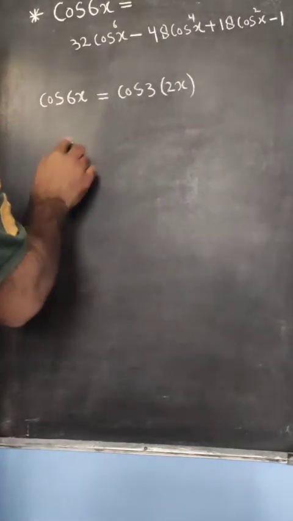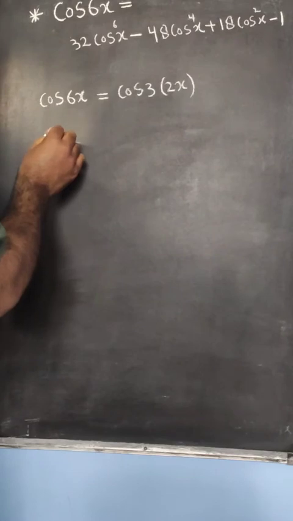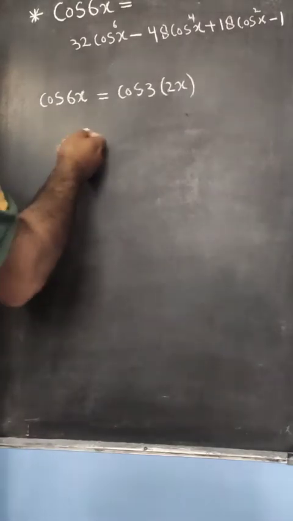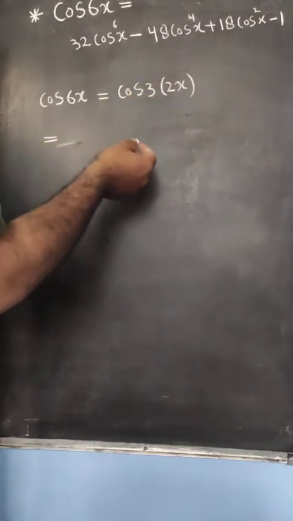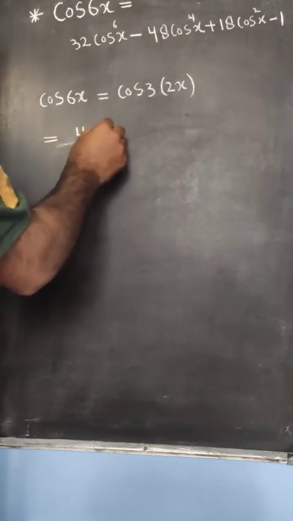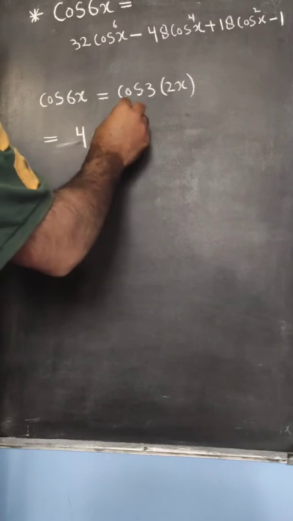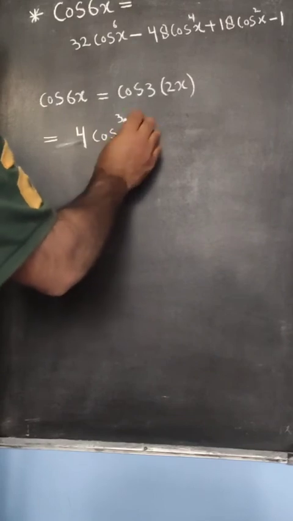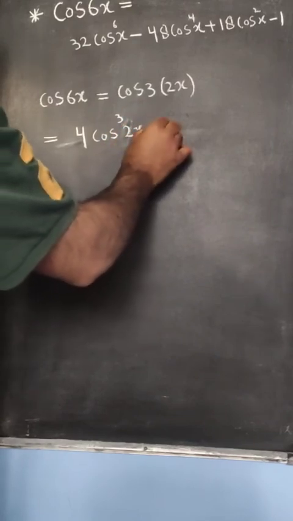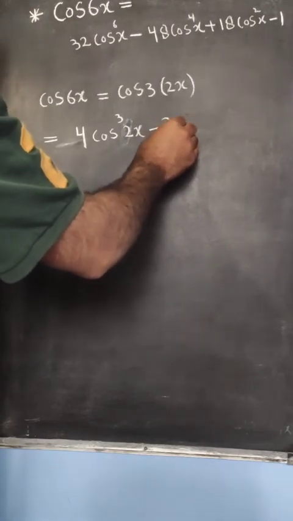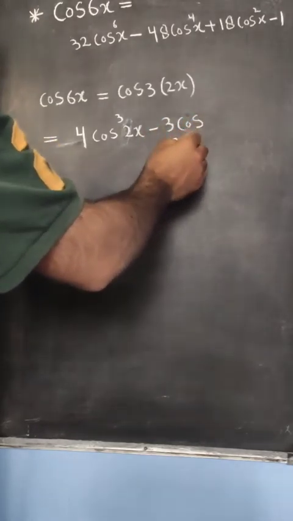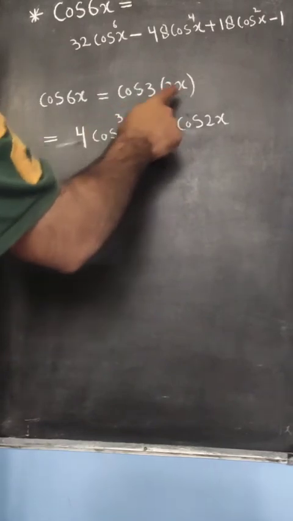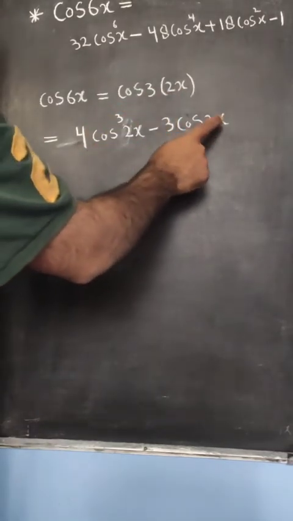Now we know that cosine 3 theta is equal to, here we treat 2x as theta, 4 times cosine cube theta minus 3 times cosine theta, where theta is 2x.